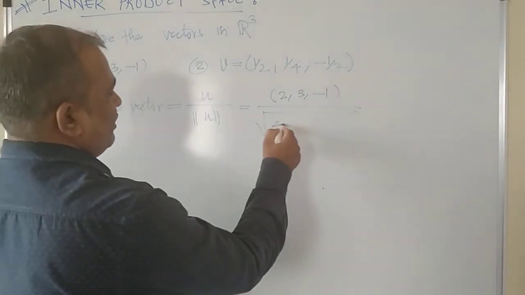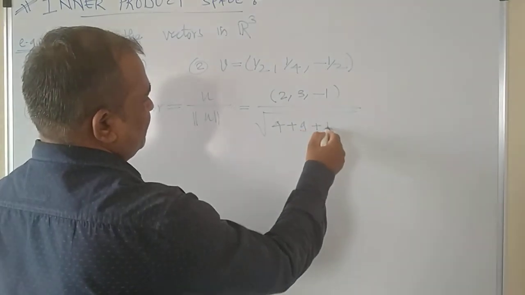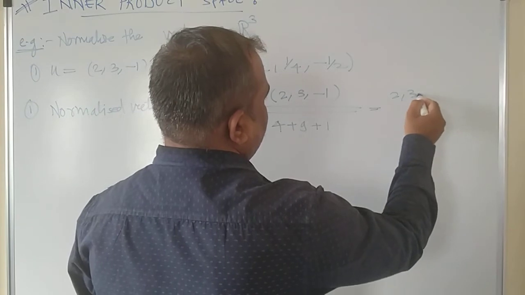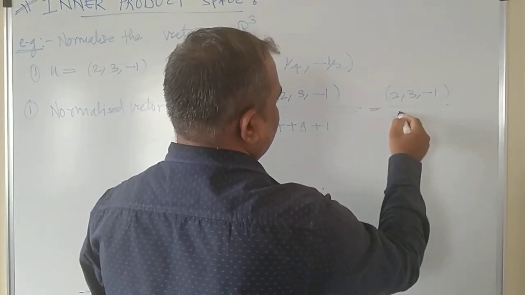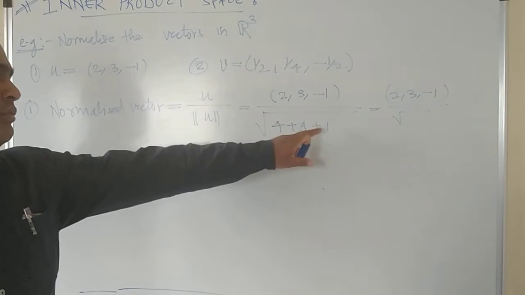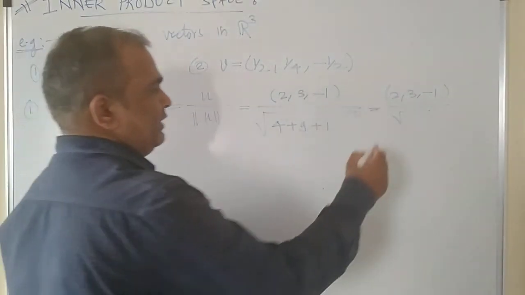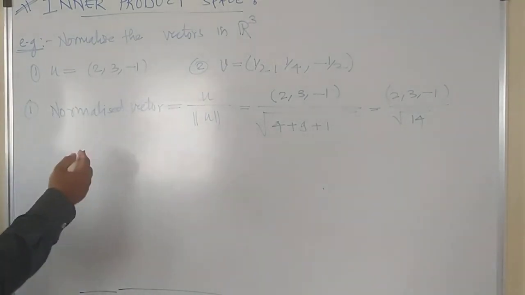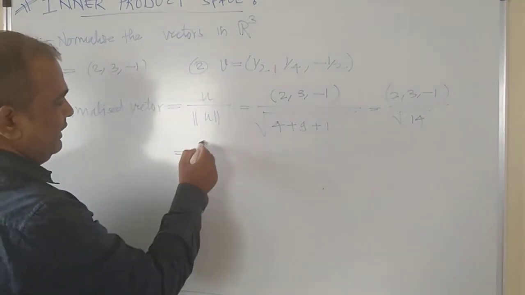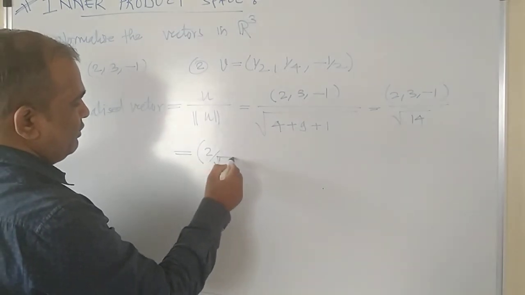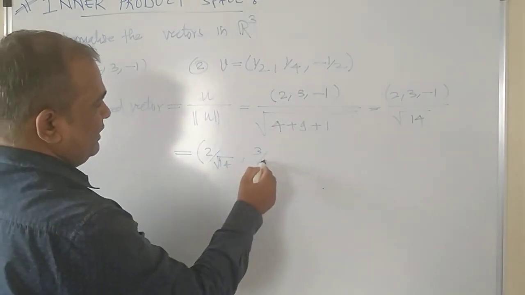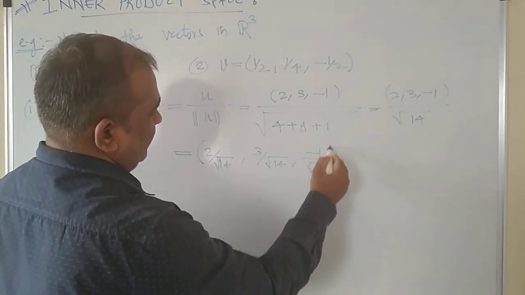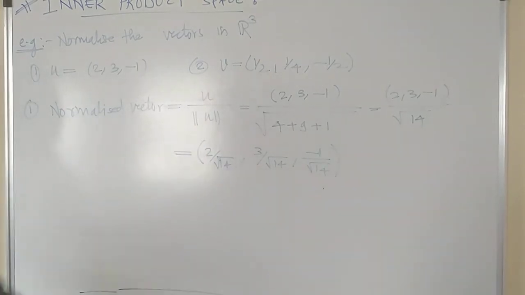So 2 square is 4, 3 square is 9, minus 1 square is 1. So this will give you 2, 3, minus 1 divided by the square root of 9 plus 1 is 10, 10 plus 4 is 14. So this gives you square root of 14. And thus your normalized vector is equal to 2 by root 14, second is 3 by root 14, and third one is minus 1 by root 14. Got it? So this is the normalized vector.